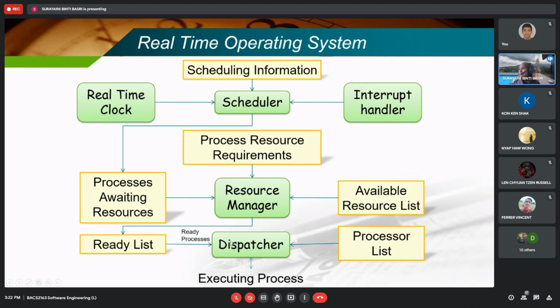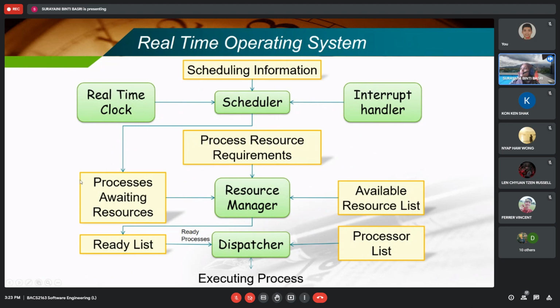So this dispatcher will get the info of the available processor list so that it can match which resources go to which processor. After it gets that information, it can dispatch that info to the executing process.